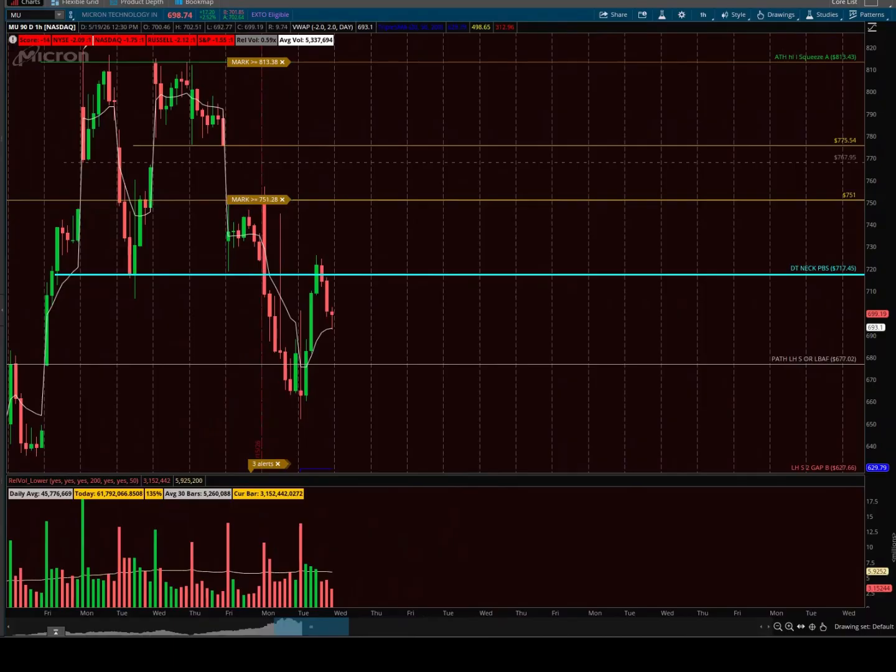On MU, can we reclaim 714.50, clear higher low above? Target gap bottom, probably more if all that does happen, and SMH is moving with it, to continue this uptrend. What are the alternative paths here?